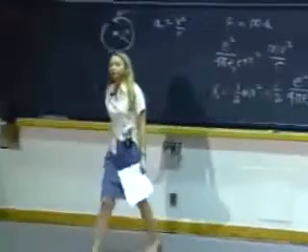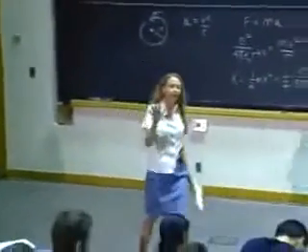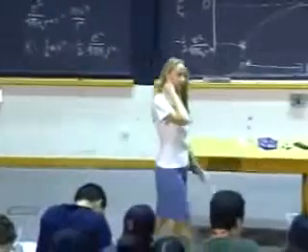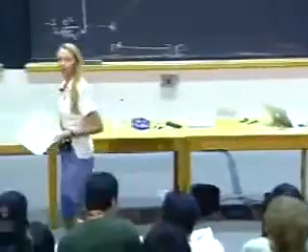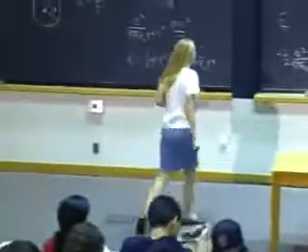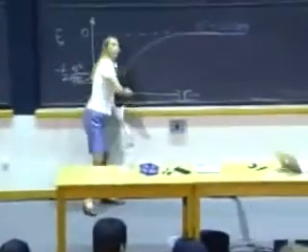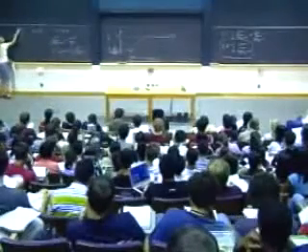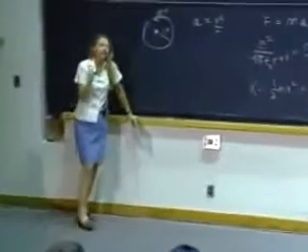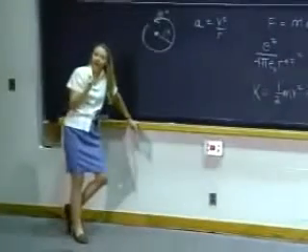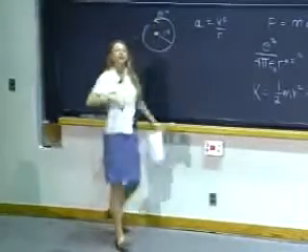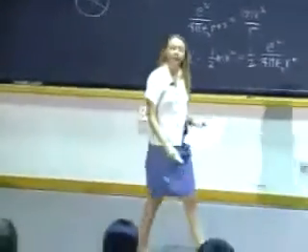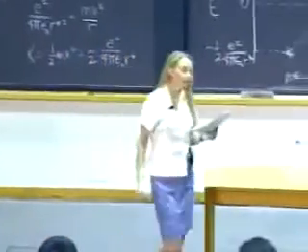Classical electromagnetism was pretty well understood by this time, 1911, 1912. Maxwell's equations were down pat. What classical electromagnetism says is that when you have a charge, and this electron is a charge, that is accelerating, that charge has to be emitting radiation. It has to be giving off energy.